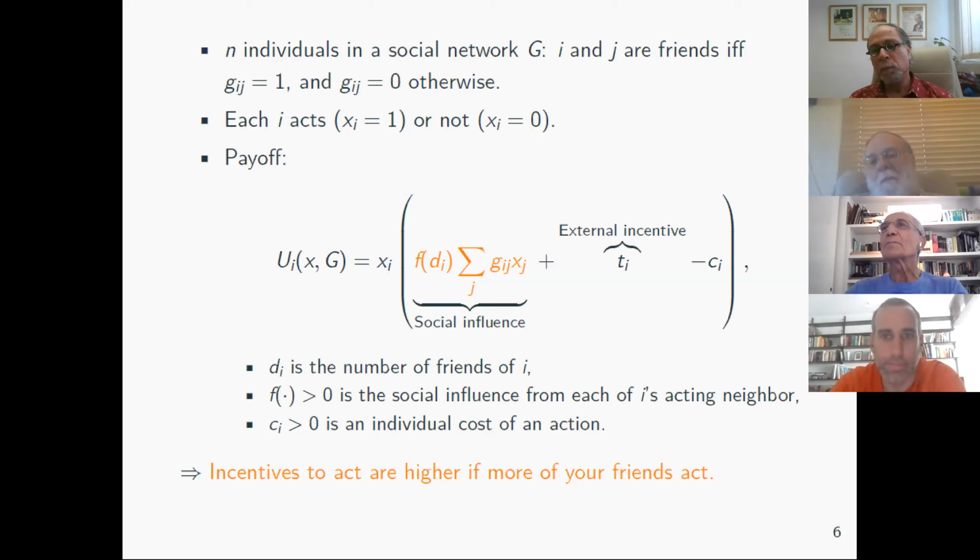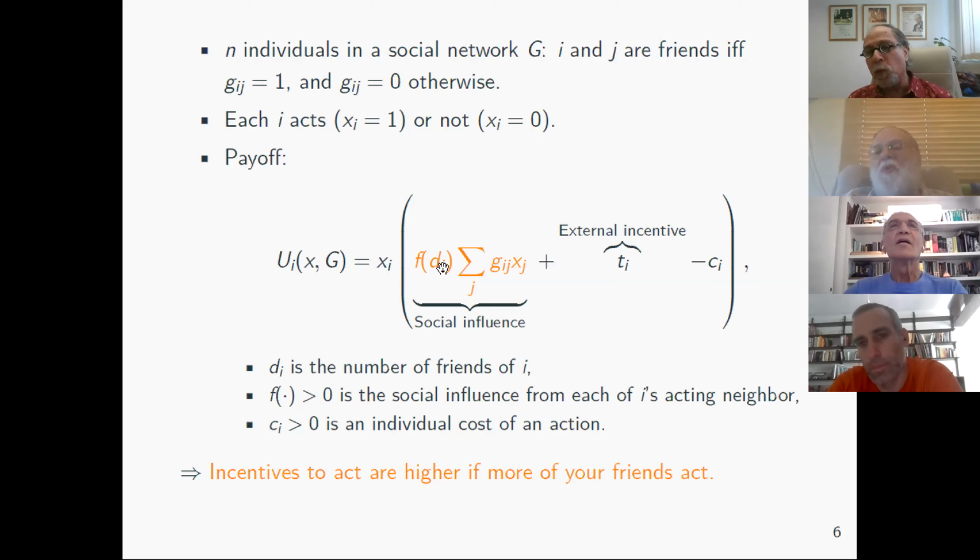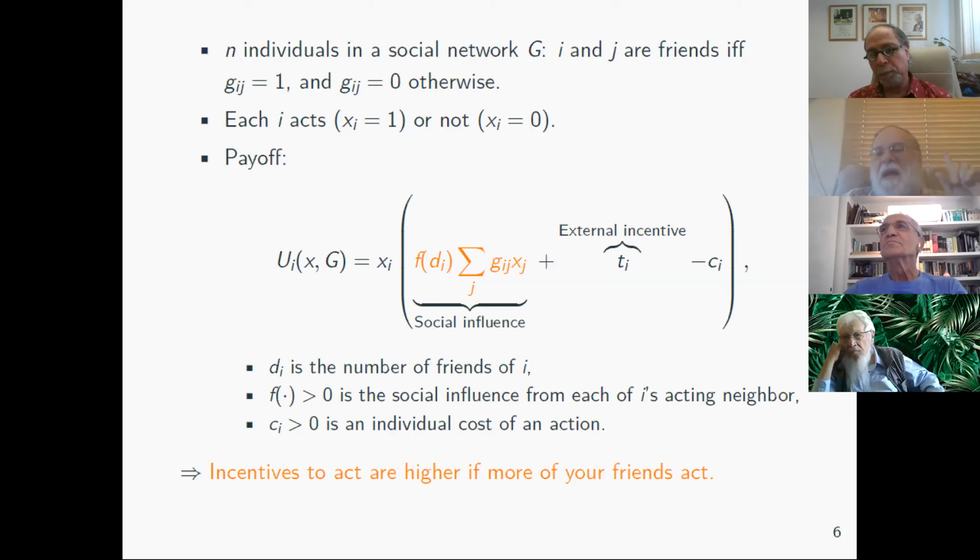There are externalities here. But this is reflected in the number of friends you have, this is why I have this FDI. Think of this as the difference between payoff in action 1 and payoff in action 0.